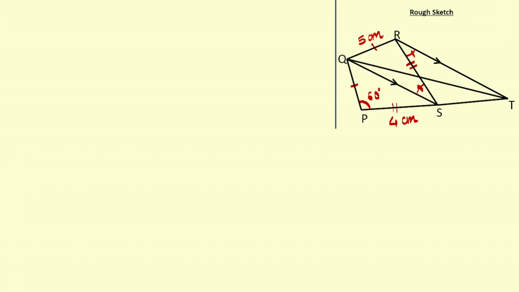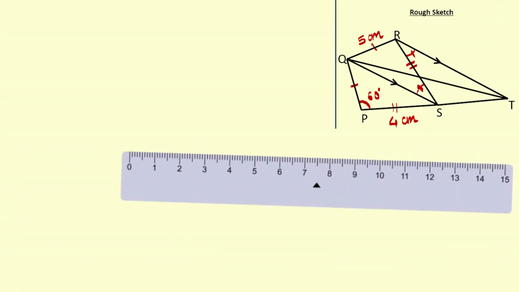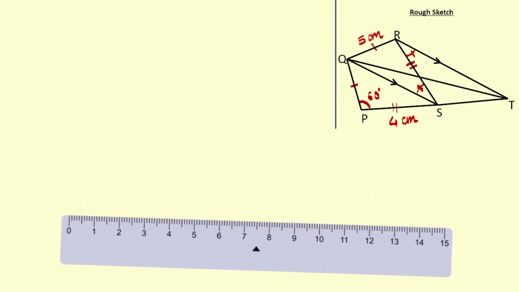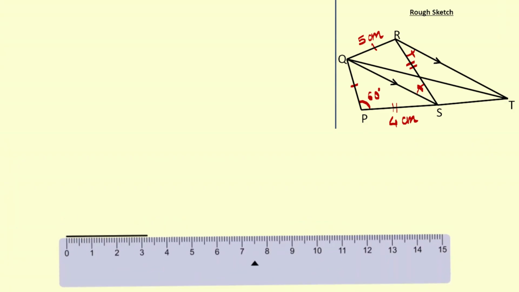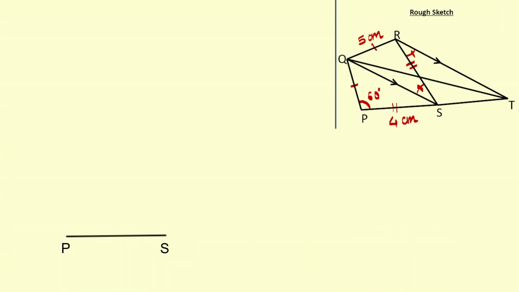I'll start from the bottommost line of my quadrilateral, which is PS, and PS is 4 centimeter long. I'll use my ruler to make 4 centimeter long line segment. Okay, PS is 4 centimeter. See, this is line segment PS.